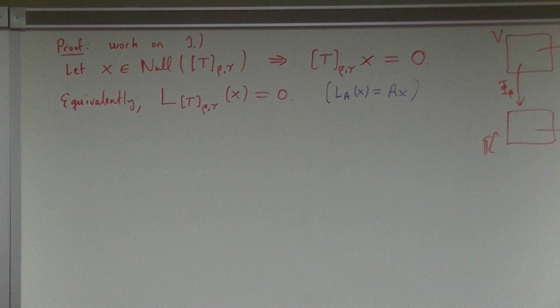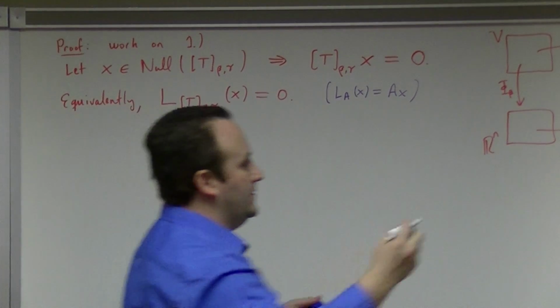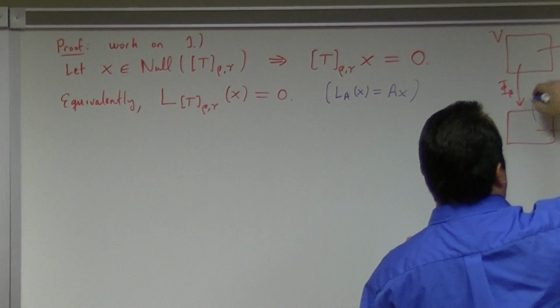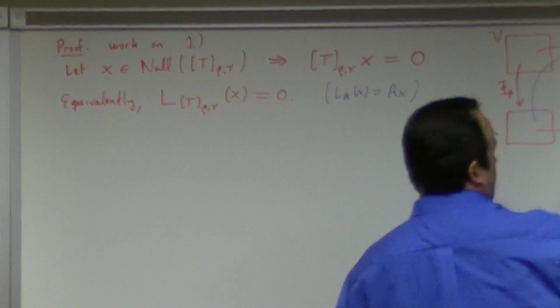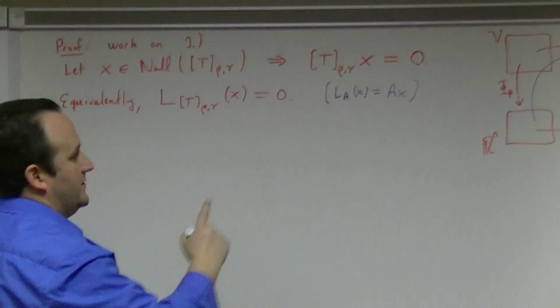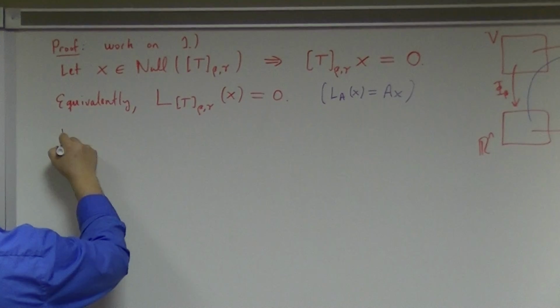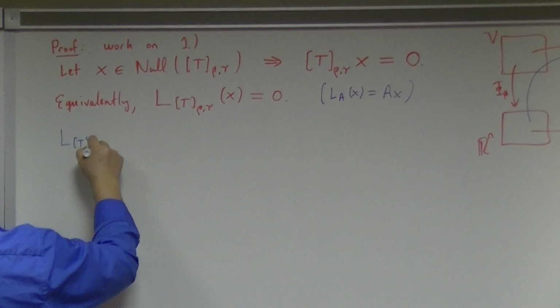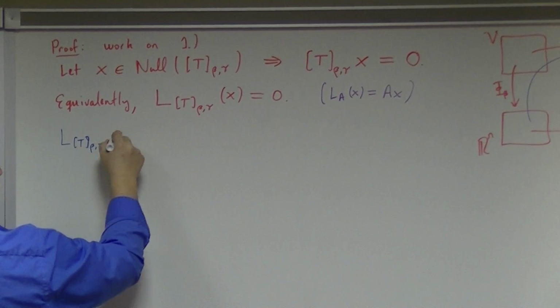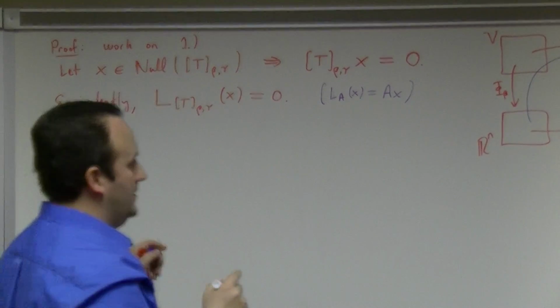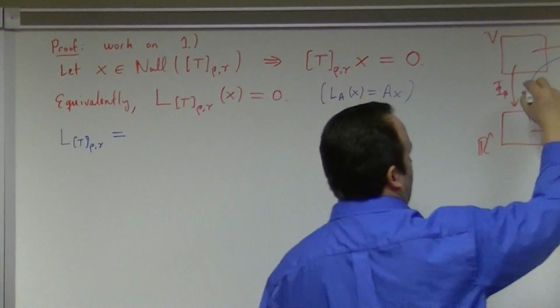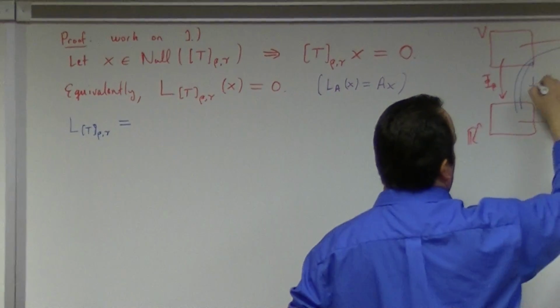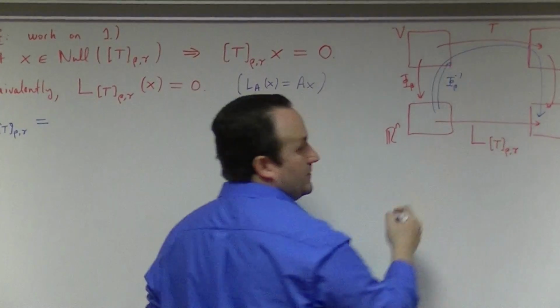Okay, but L of T beta gamma I can also look at in terms of this path. By definition, L of T beta gamma is equal to what? Well, I start by going phi beta inverse.